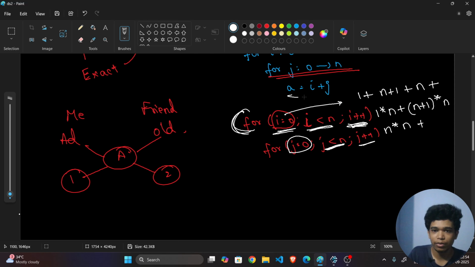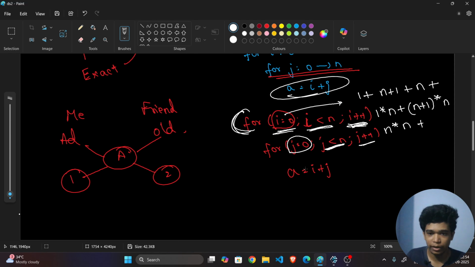Now this line is like a is equal to i plus j. In the beginning itself I told you that wherever an operator is used, whether it's an assignment operator like the equal statement, or a comparison, or addition, or logical, any operator, it will take a constant time or 1 unit.